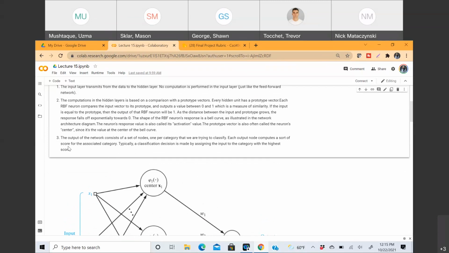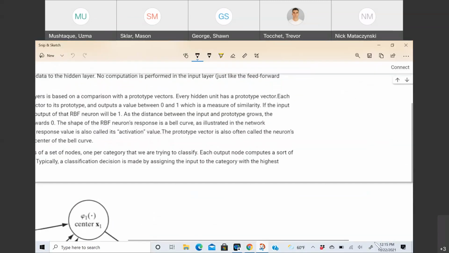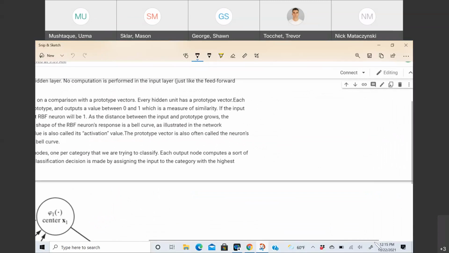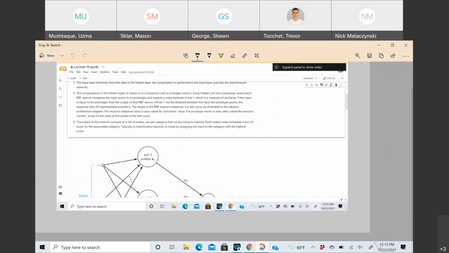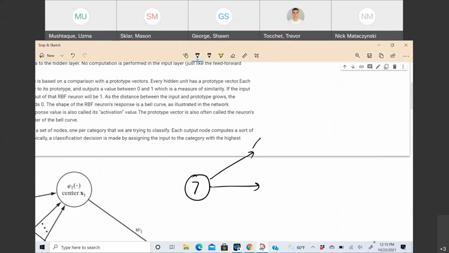Let me show you an example. Let's say I'm using my digits data, and I'm focusing on just one of the nodes, not all of them. Let's say I'm focusing on one input, a 7. I have all these hidden nodes, and they will have some prototype vector.